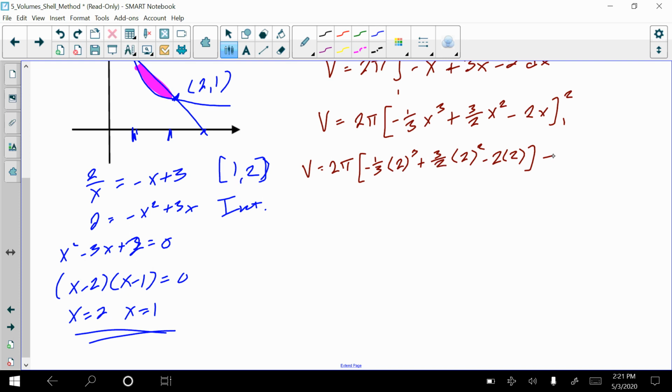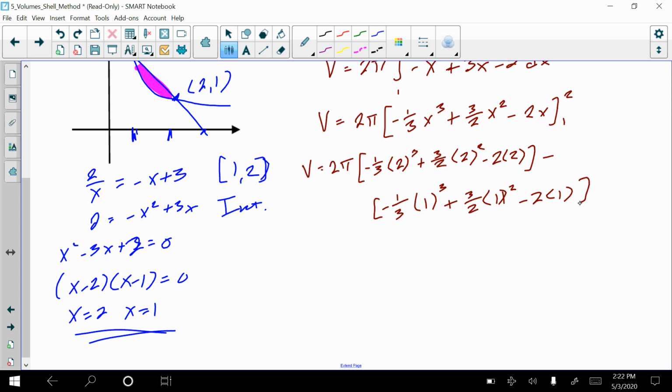And I'm going to write the other one underneath, minus negative 1/3 times 1 cubed, so it's really just 1, plus 3/2 times 1 squared minus 2 times 1.